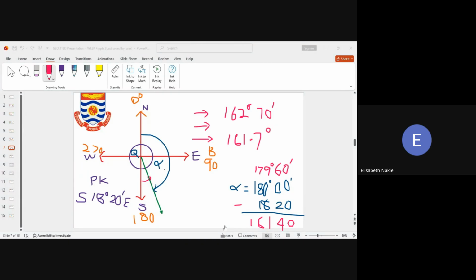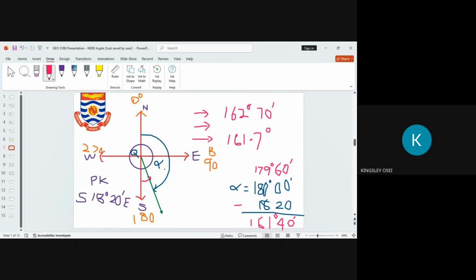Now we are not using the 180 again. So once you borrow 1 from the 180, it will become 179, and that 1 is converted to minutes. You get 60. So the 60 part, when you subtract 20, you get 40. Then the degree part, you have 179 minus 18, you get 161.